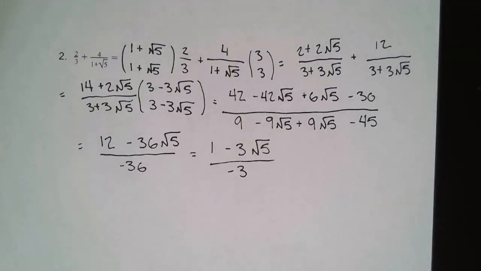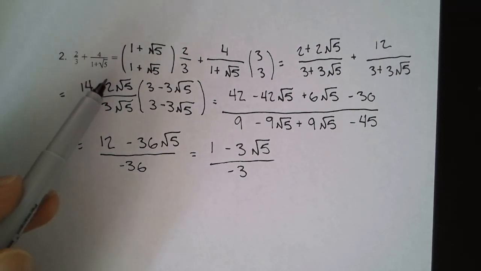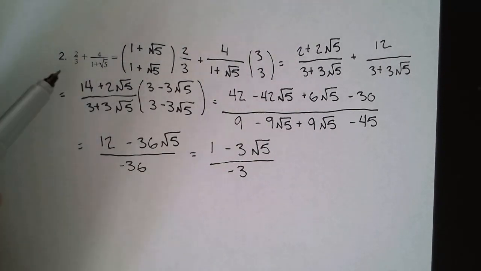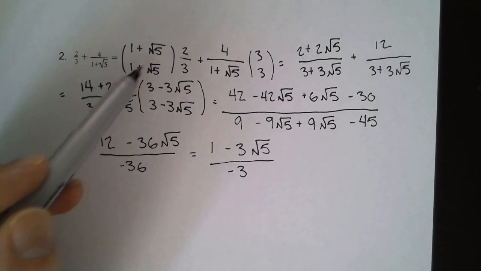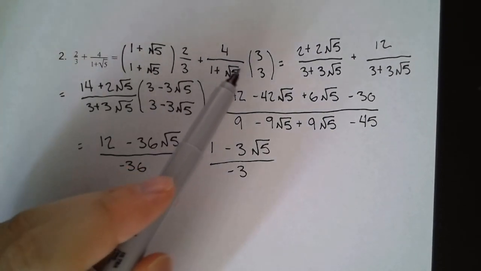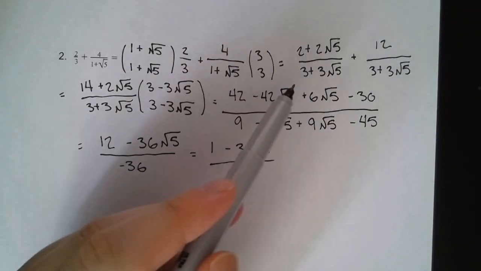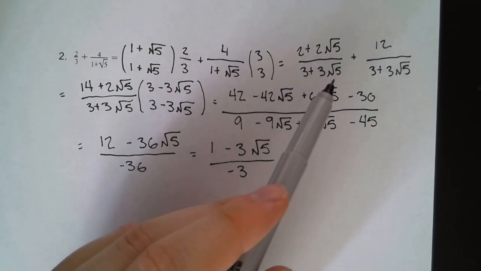All right, and this is what I got for my answer here. So first we need to get a common denominator. Currently, the denominators don't have any common factors, so I just multiplied this fraction on the left here by 1 plus root 5 over 1 plus root 5. Multiplied this fraction by 3 over 3. So our common denominator is going to be 3 plus 3 root 5.